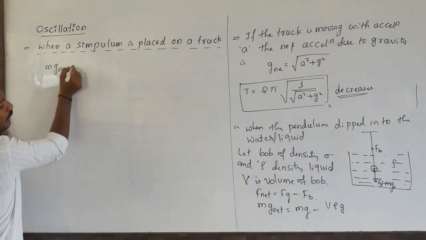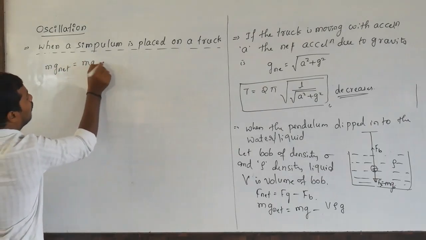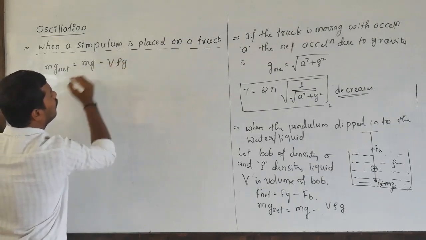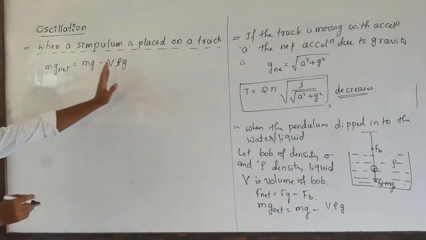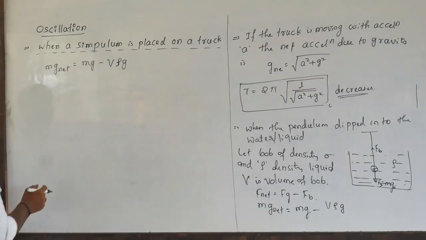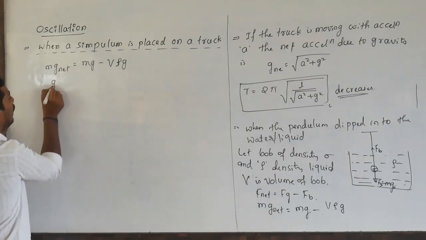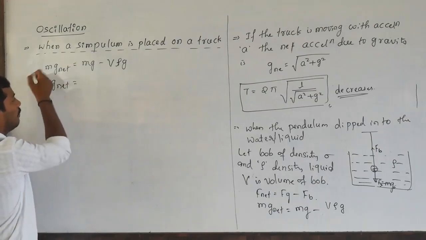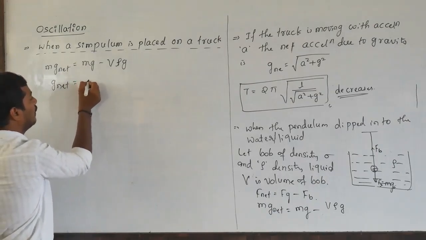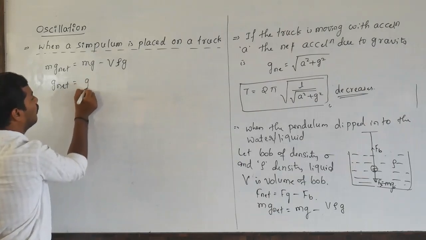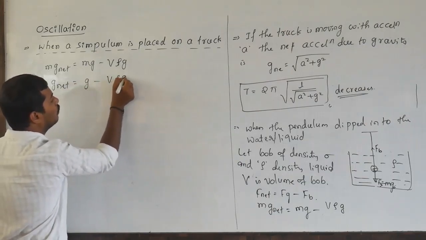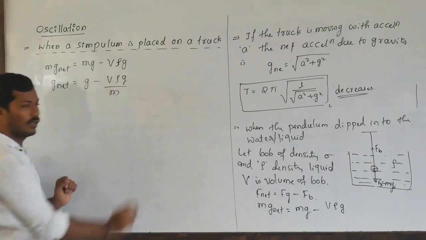Mg net is equal to Mg minus V into rho into G. Then dividing both sides by M, M cancels, and it becomes G net is equal to G minus V into rho into G divided by M.